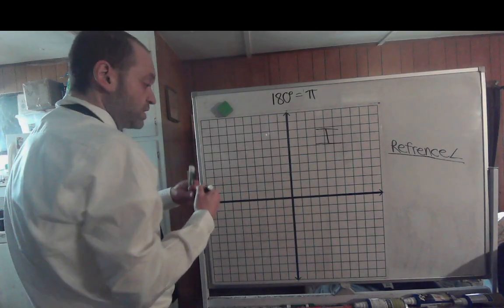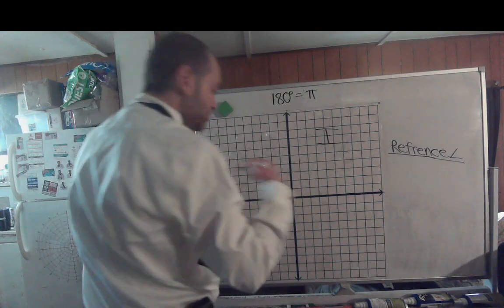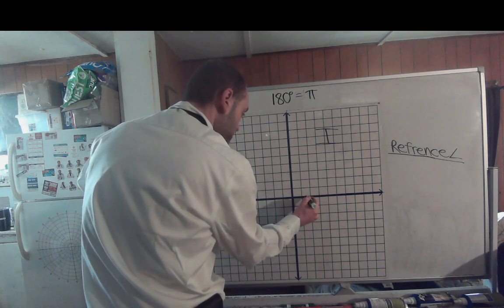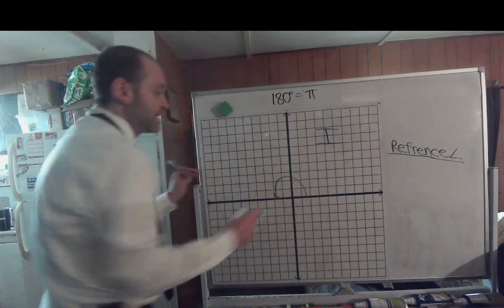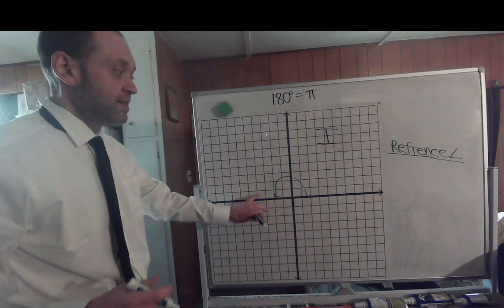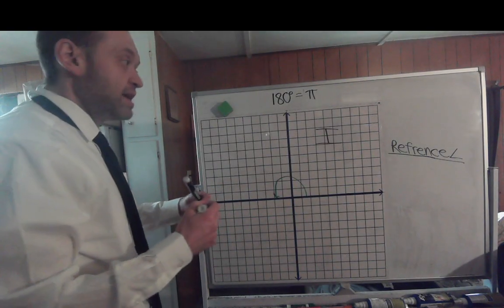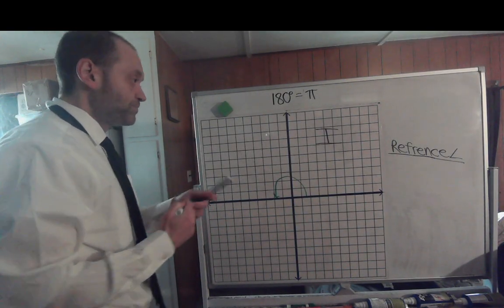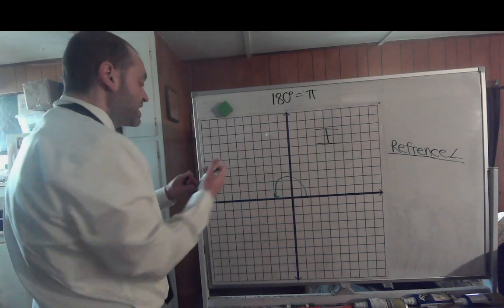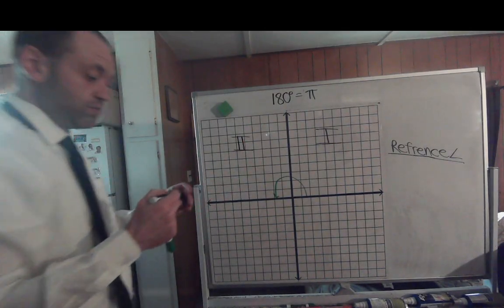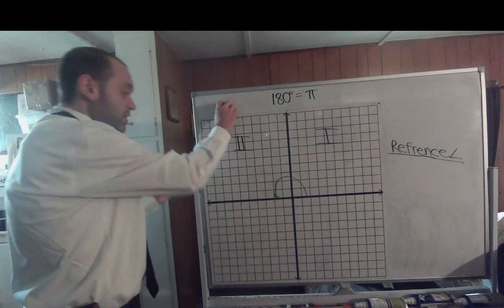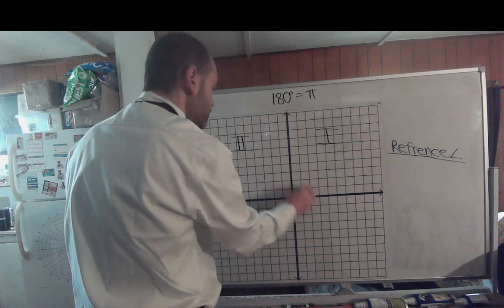Well, that's just going to be the whole x-axis, right? So you start at the positive x-axis, go counterclockwise to the negative x-axis. You have a straight angle. That's 180 degrees. That one's easy enough. And this ties up quadrant 2. So there's quadrant 2. Now we're going to get into quadrant 3, where everything changes.